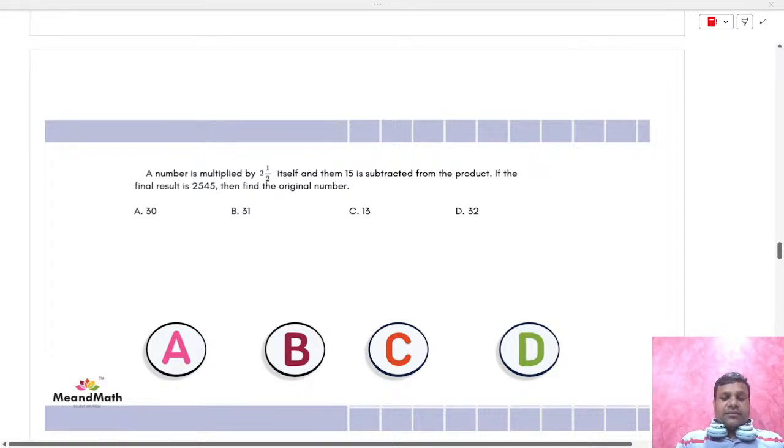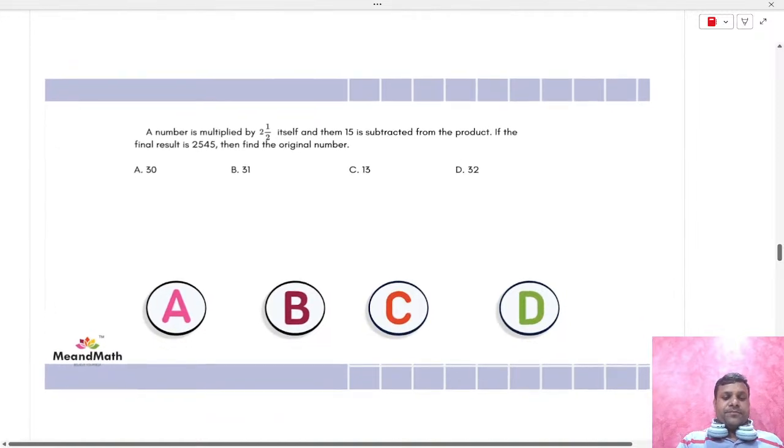Again, you all will give the correct answer. I'm sure about that. A number is multiplied by 2.5 itself, then 15 is subtracted from the product. The final result is this. Find the original number.